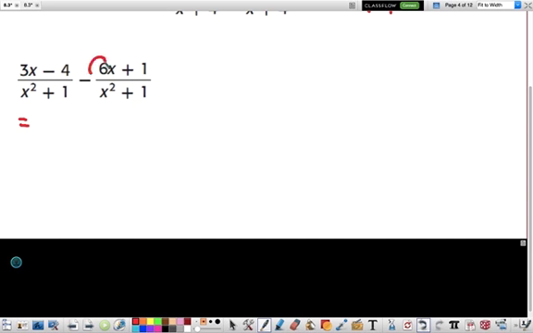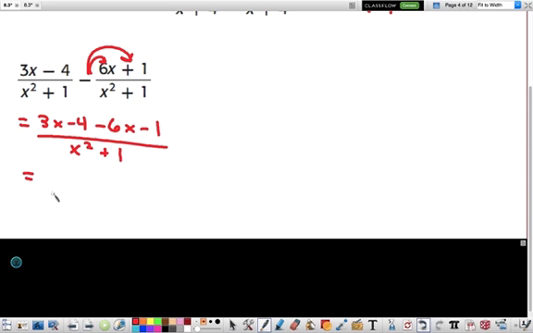You have to distribute it. 3x and negative 6x gives me a negative 3x. Negative 4 and negative 1 give me a negative 5, and that's over x squared plus 1.